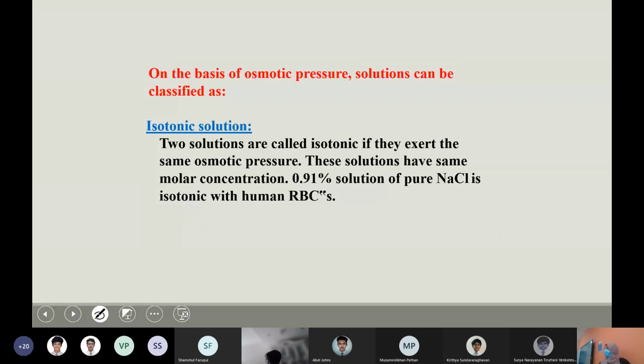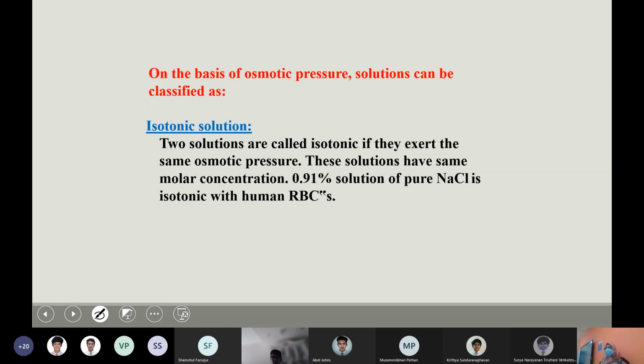Okay. Now the next topic related to osmotic pressure. Based on the osmotic pressure, you can divide the solutions into three different categories: isotonic solution, hypertonic solution, and hypotonic solution. From the name itself, it's very clear, and you can define it very clearly.